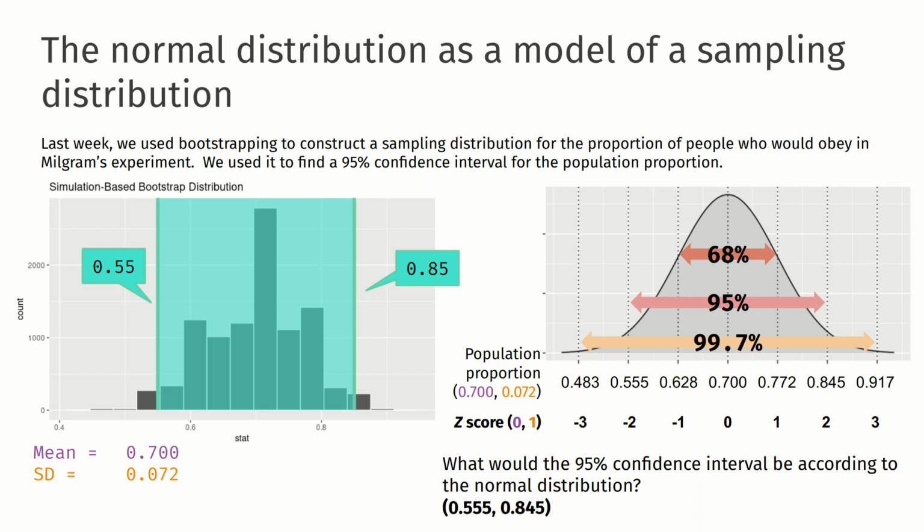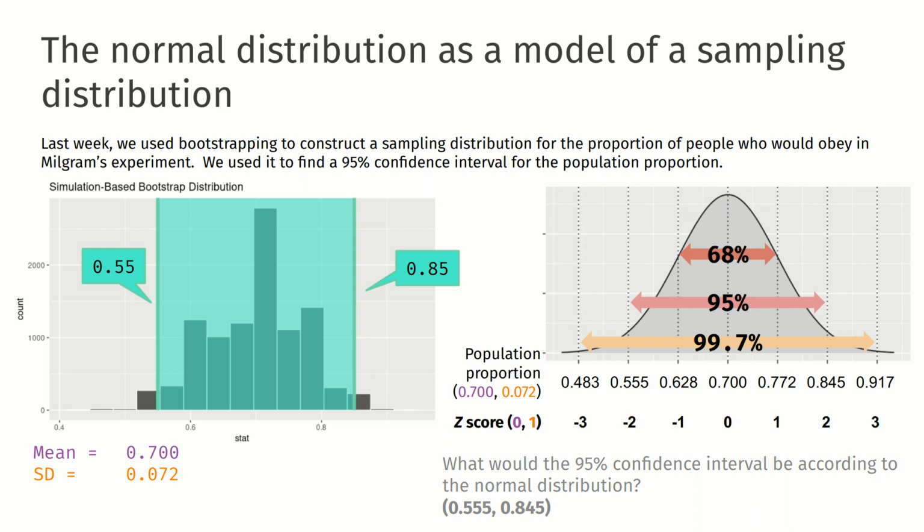And that's pretty darn close to the borders of the 95% confidence interval that we got from bootstrapping, right? So this is already a hint that maybe this normal distribution is actually going to be pretty useful, because if we can find this mean and standard deviation here, then we can just directly read off what the 95% confidence interval would have to be.